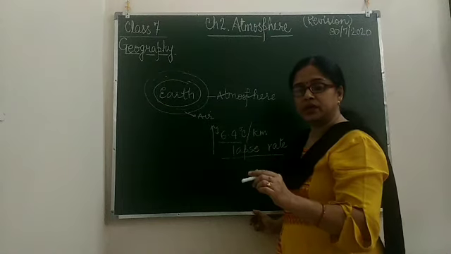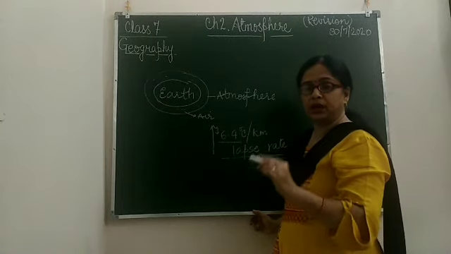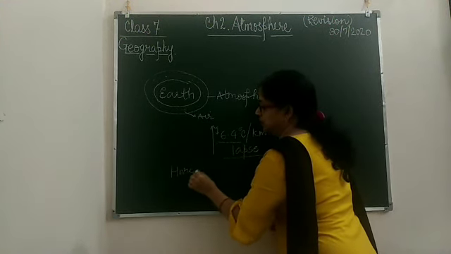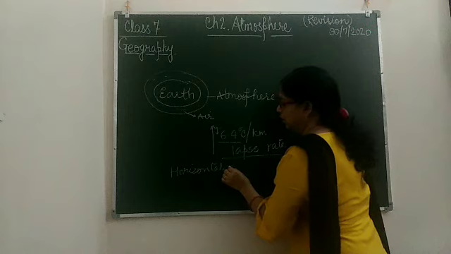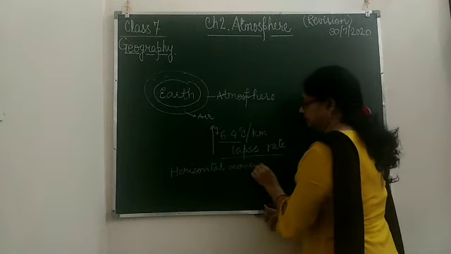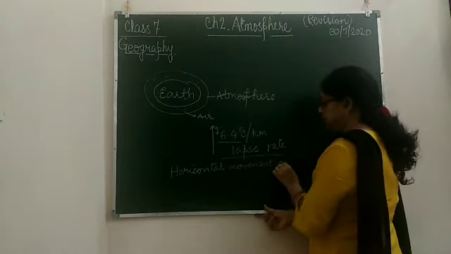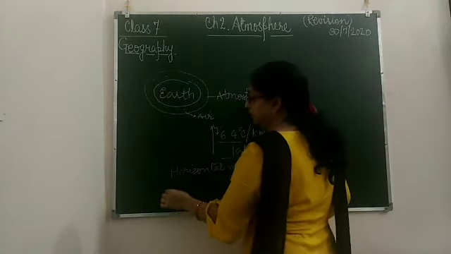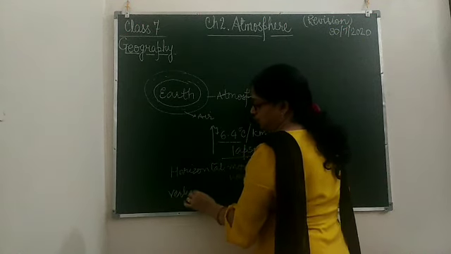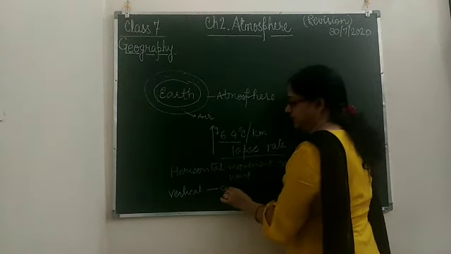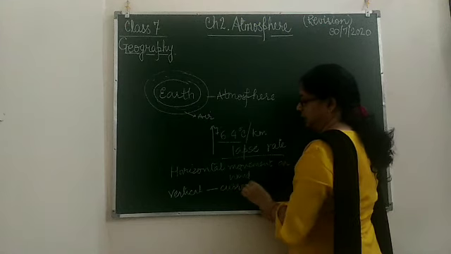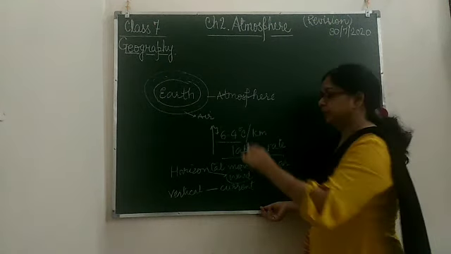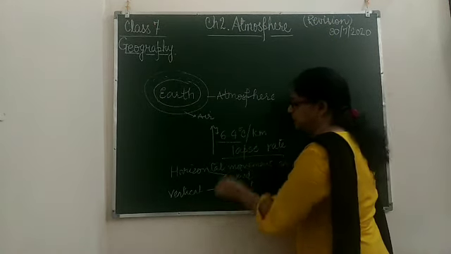So the horizontal movement of air is called wind, whereas its vertical movement is called current. Keep in mind that horizontal movement of air is called wind, vertical movement of air is called current.